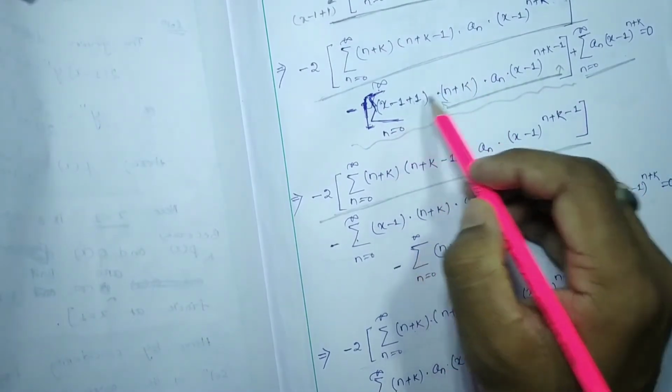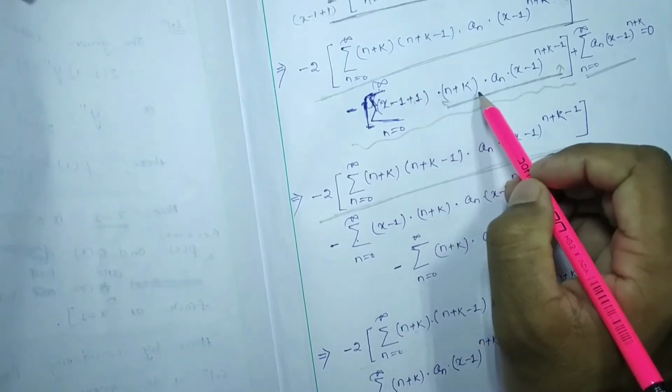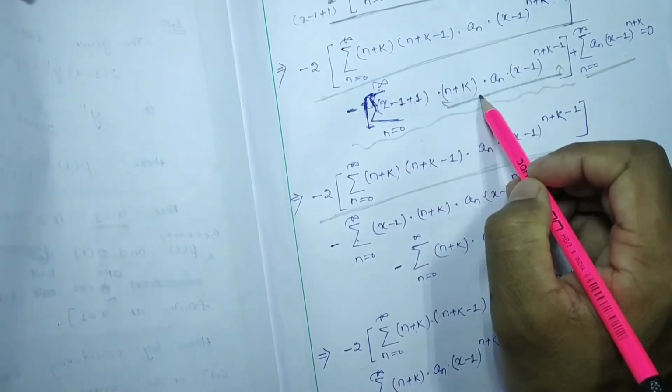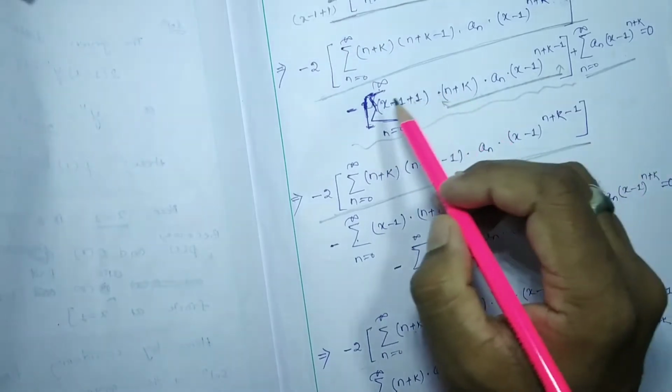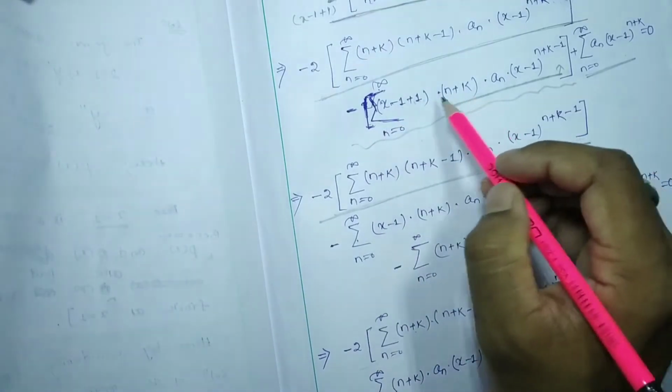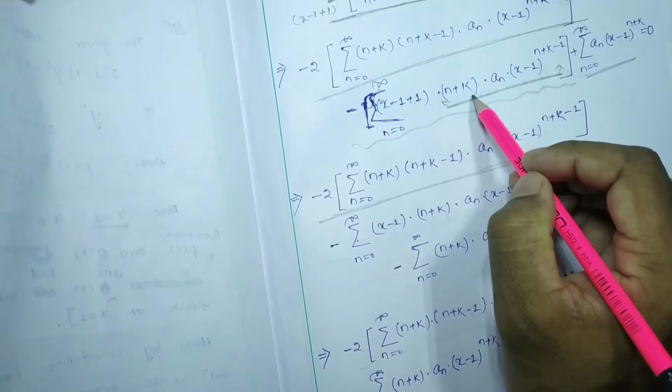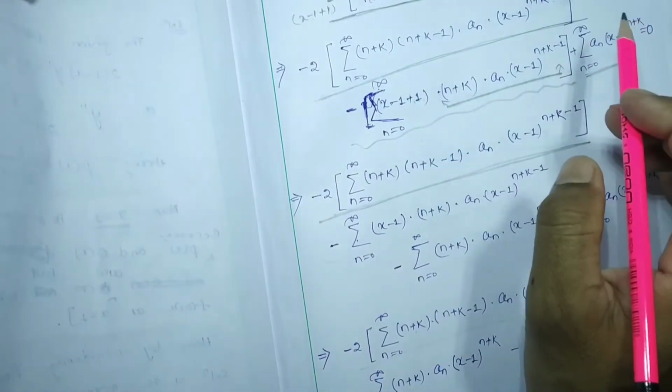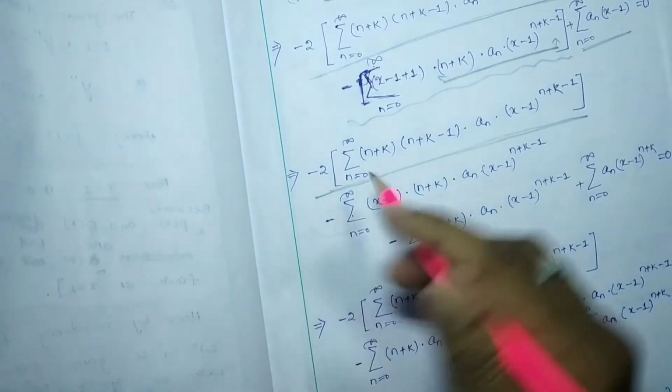That means if we multiply this term with x minus 1, we get a separate term, and if we multiply this with 1, we get a separate term, which we are writing here. You just watch here.